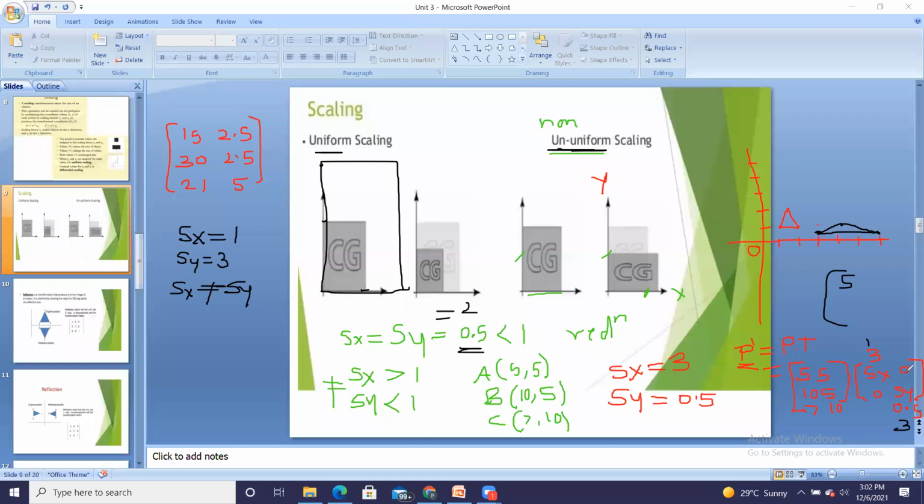Then first row and second column: 5 into 0, 0, plus 5 into 3, 15. So 5, 15. Then next is 10 into 1, 10, plus 0, and 5 into 3. So here 10 remains as it is and Y becomes 15. Similarly, 7 remains as it is and 10 becomes 30.